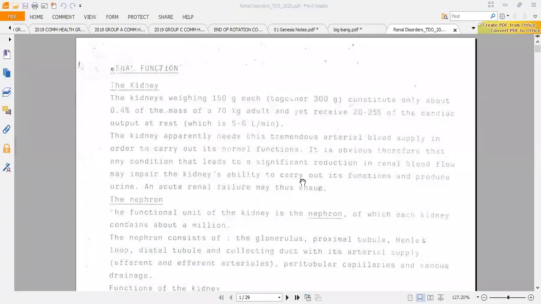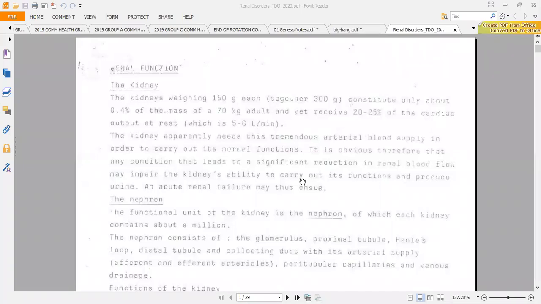Now, the function of the loop of Henle is for creating what is called a concentration gradient. For the kidneys, we have the cortex and we have the medulla. The function of the loop of Henle is to concentrate the medulla.